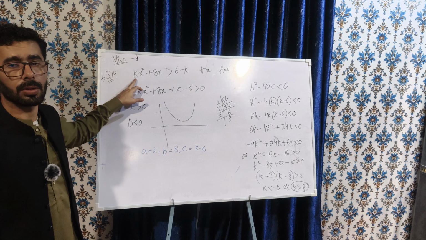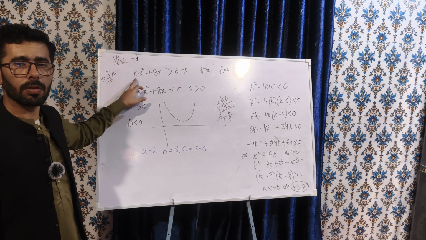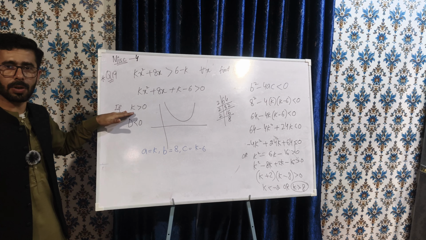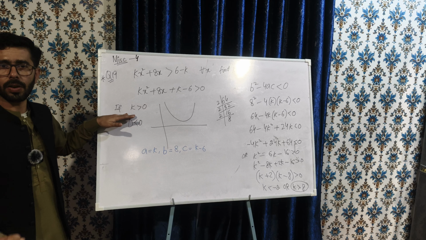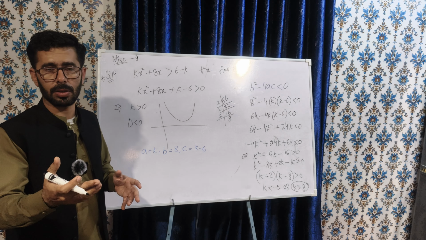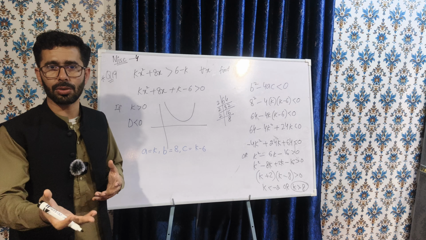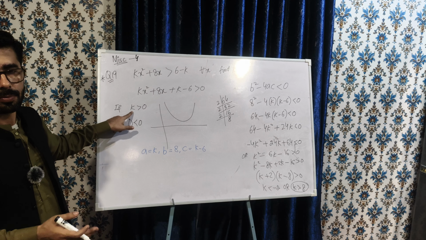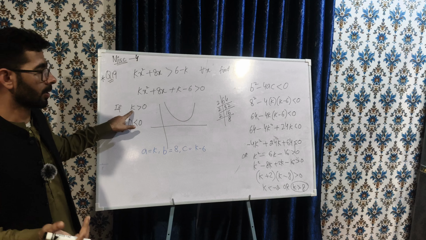That means we don't know, so we'll assume ourselves that either k is positive or it is negative. If I take k to be negative, I can again divide by the negative on both sides and turn it into positive. So for convenience we are assuming k to be positive. Either way we will get to the same conclusion.